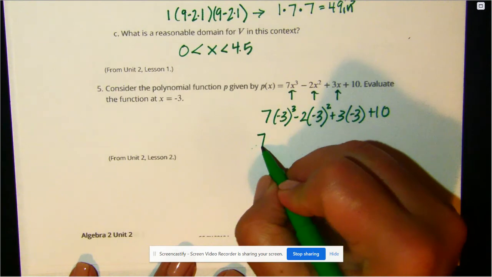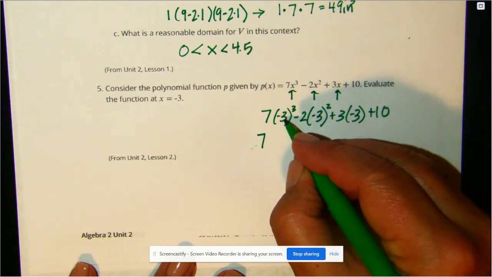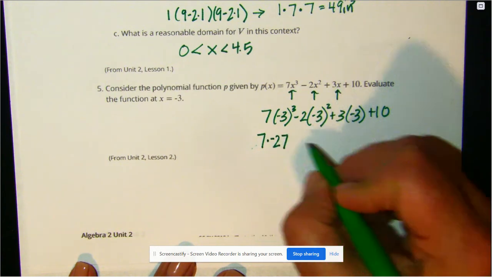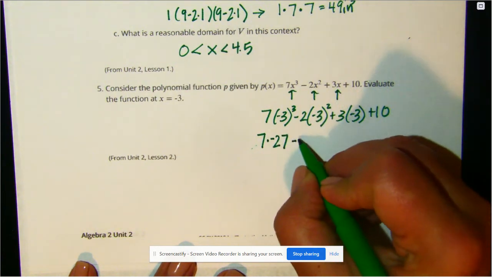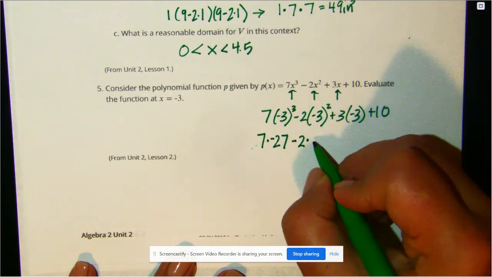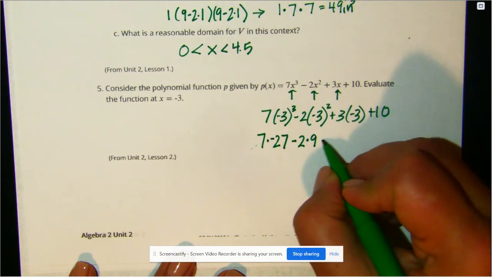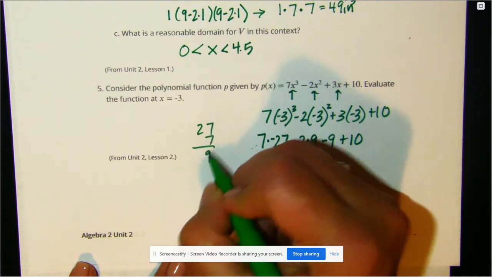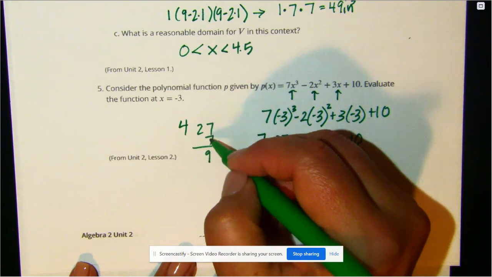All right, 7 times -3 times -3 times -3 is -27. Minus 2 times, that's 9. That makes -9 plus 10. I don't know what 27 times 7 is off the top of my head.